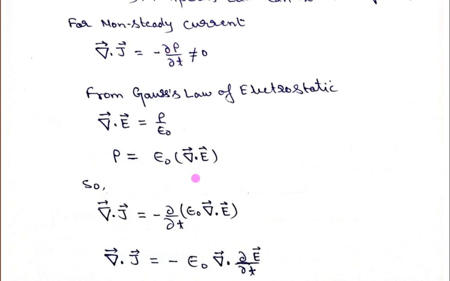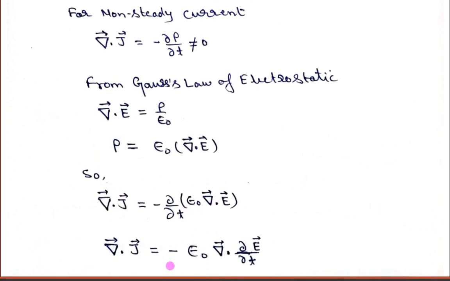In place of rho we can substitute epsilon 0 divergence of E. So divergence of J will be equal to minus del upon del t of epsilon 0 divergence of E. I have taken the divergence outside because del upon del t is a scalar operation, so it will not change the vector things. So minus epsilon 0 divergence of del E upon del t.